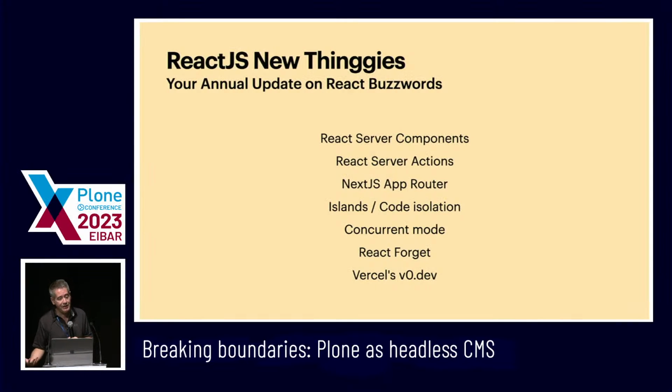Then we have new React things, because of course the React ecosystem is ever-changing. So yeah, we have the new React buzzwords. We have React Server Components, which Next.js is pushing the community to use. React Server Actions, which is also quite a mind-blowing feature.